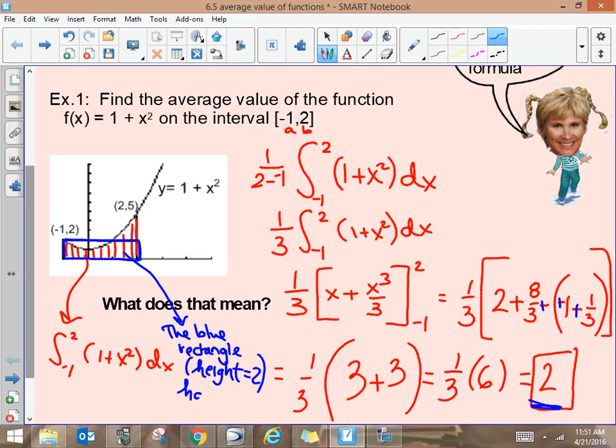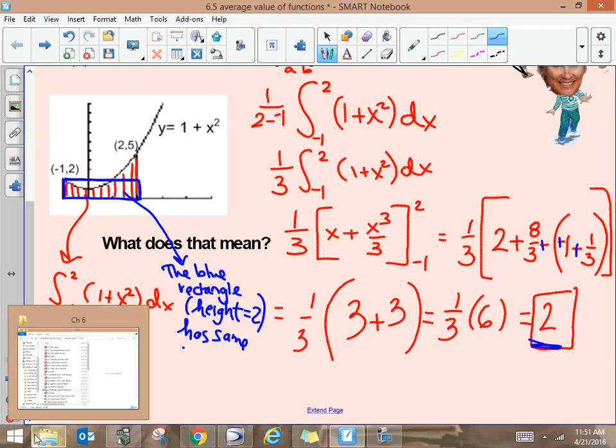It has the same area as the interval, so the area under the curve. You've got to keep the boundaries the same, the -1 to 2. And then that's what that says.